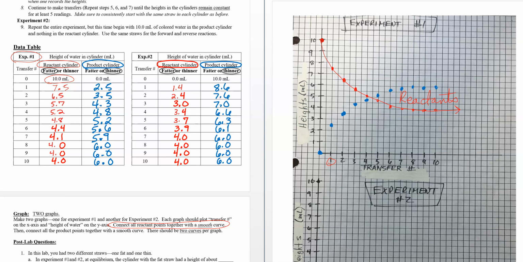If you need a little bit more time, just pause the video, but once I get all those points in, I'm just going to make a smooth curve. And those are the products.